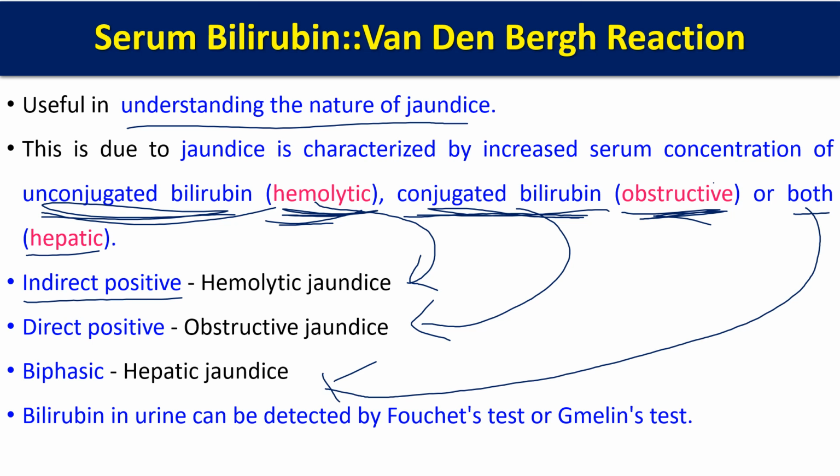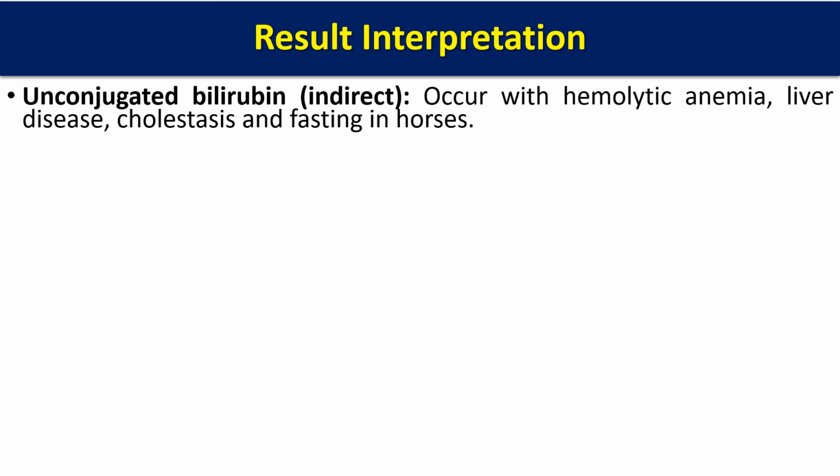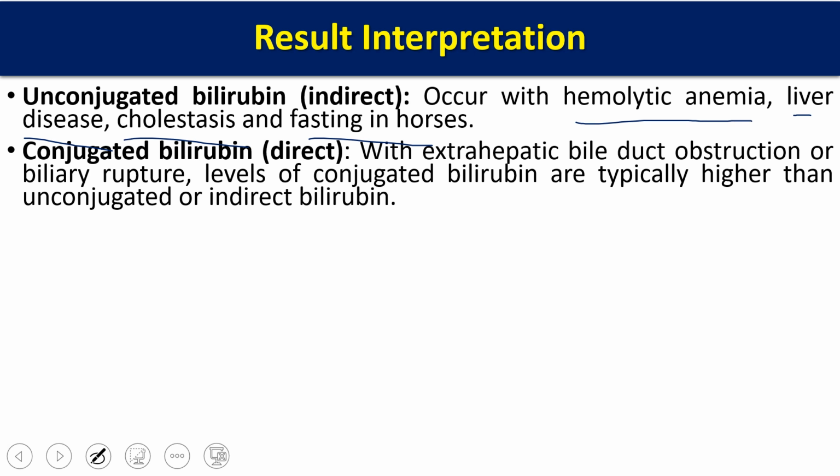Bilirubin in urine. This is how serum bilirubin is going to be estimated. We can have different types of tests for urine bilirubin also, like the Fouchet test or the Mellin test. So how is the result going to be interpreted? Unconjugated bilirubin, meaning indirect bilirubin, rises in hemolytic anemia, any kind of liver disorders, cholestasis, or in case of fasting in horses.